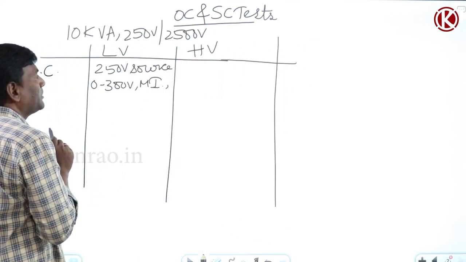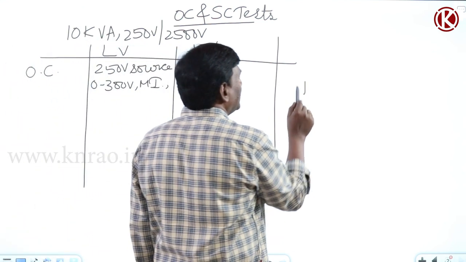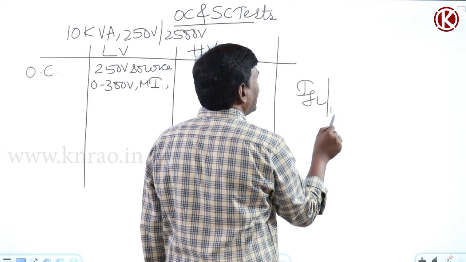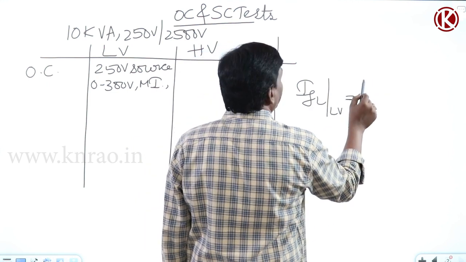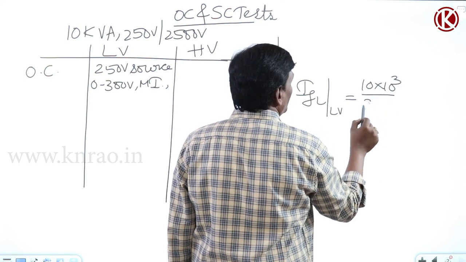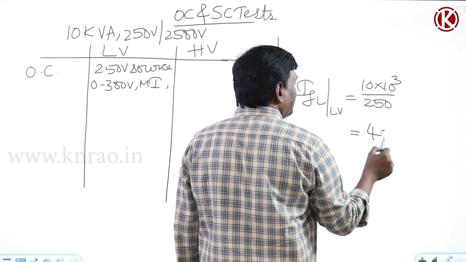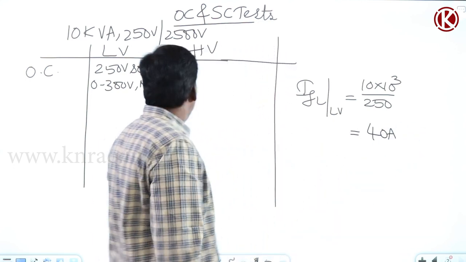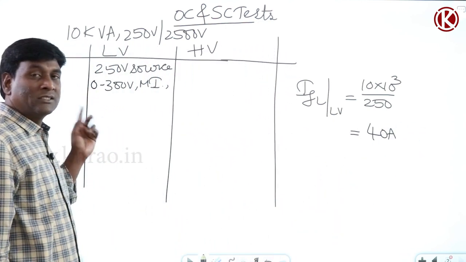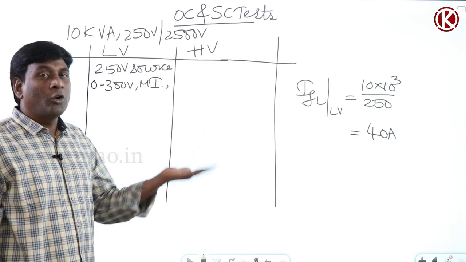Now for example, let me calculate the full load current on the LV side. How much is the full load current on the LV side? It is going to be 10 kVA, 10,000 divided by 250 volts, so it is going to be 40 amperes. Now, in the OC test, how much current would flow? How much will be I2 in the OC test? 0. So how much will be I1?